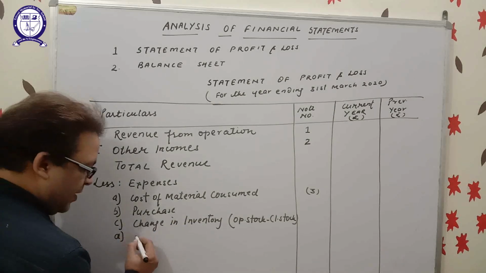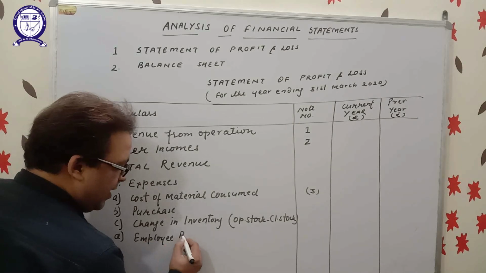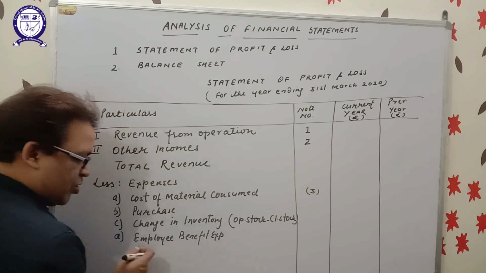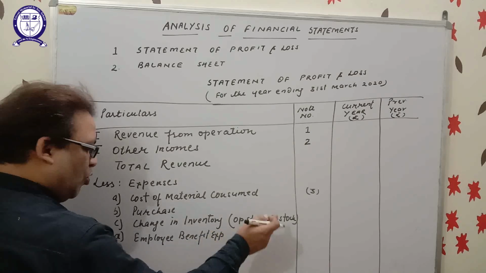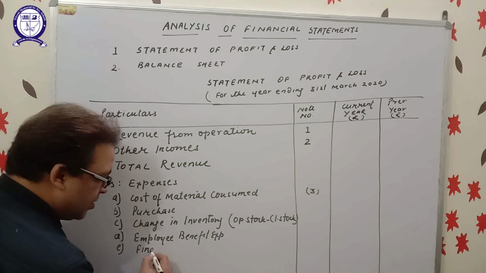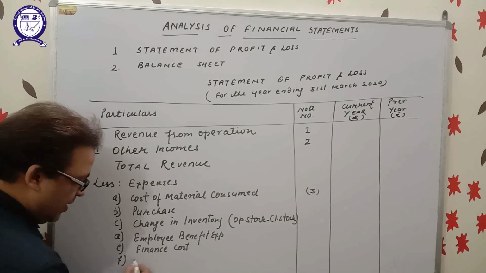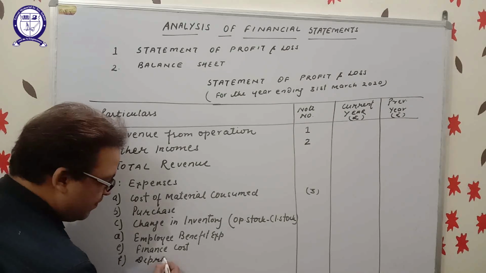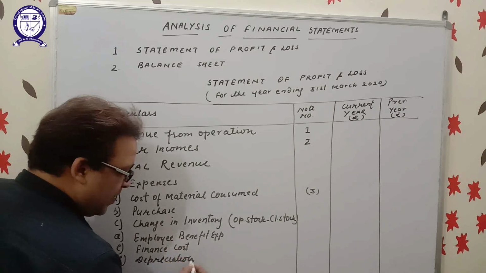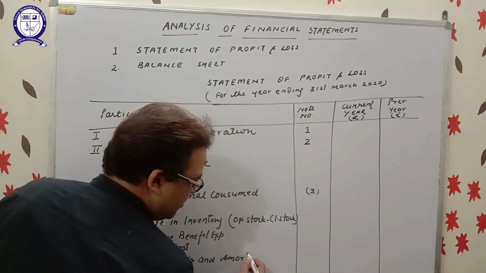Next, employee benefit expenses, also known as wage related cost. Next, finance cost. Next, depreciation and amortized expenses.